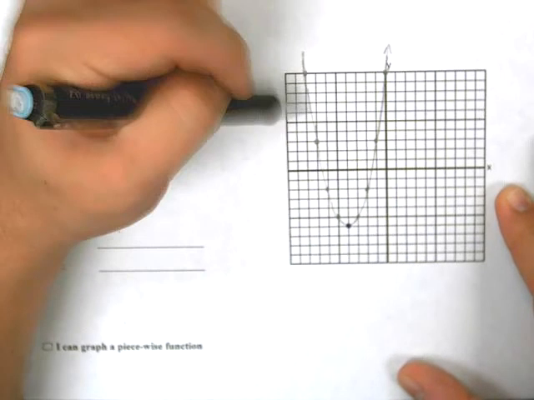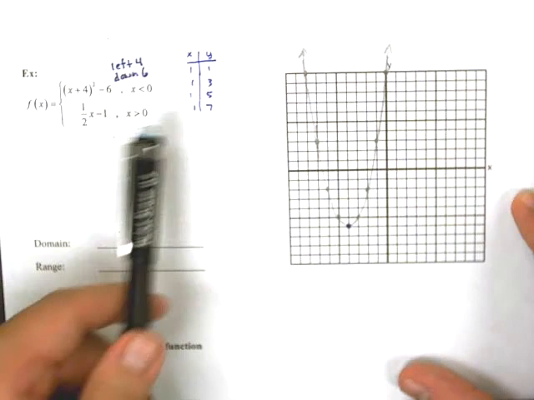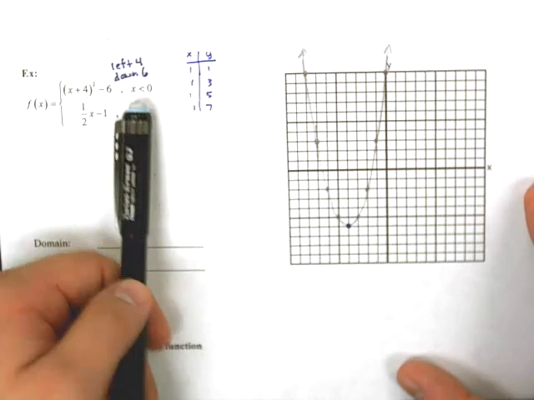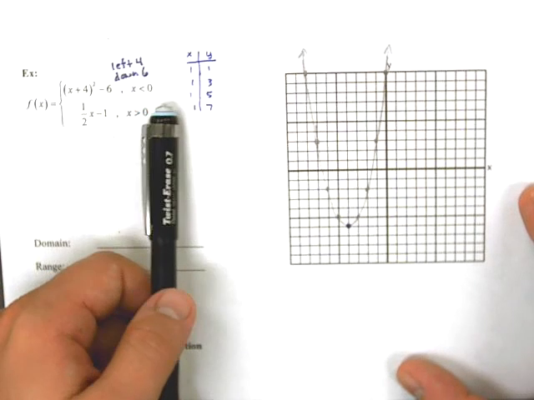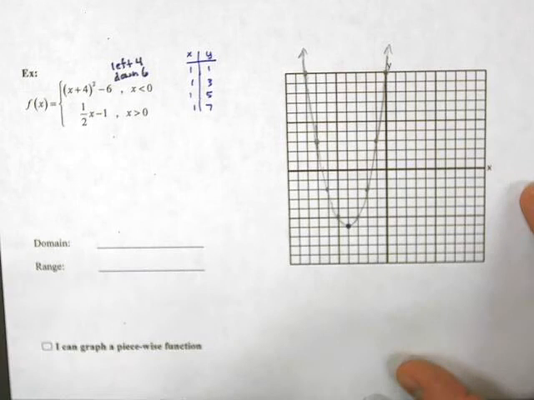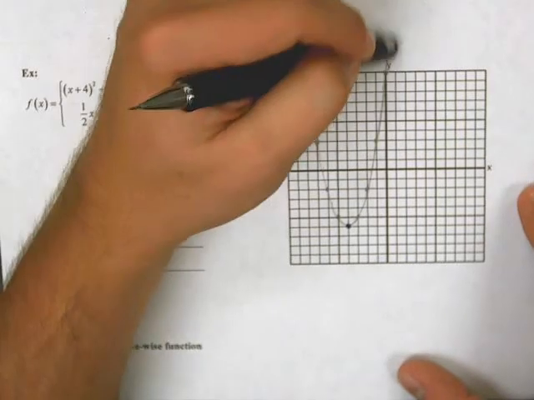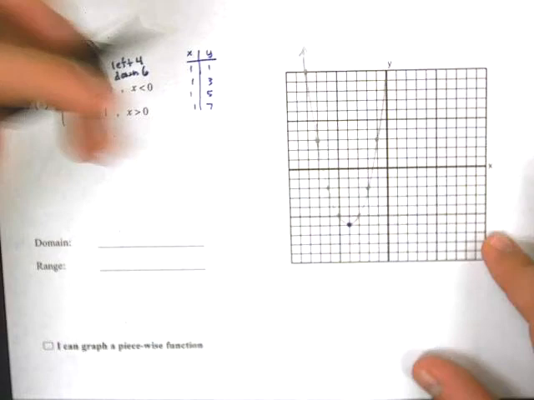I know that it will go up forever in both directions, and then I look at the boundary. The boundary is 0. I know that this parabola is only occurring where x is less than 0, which means I get rid of my arrow.